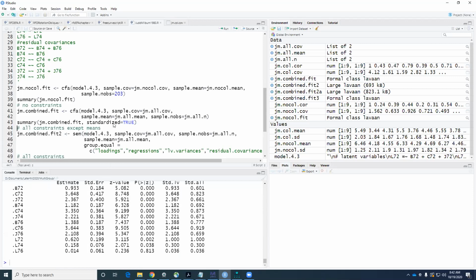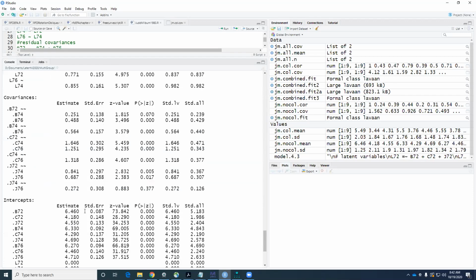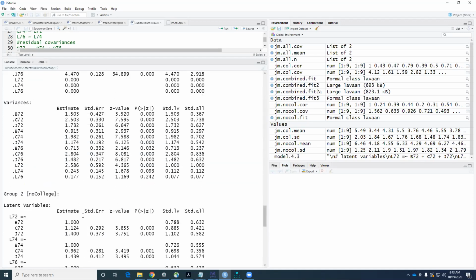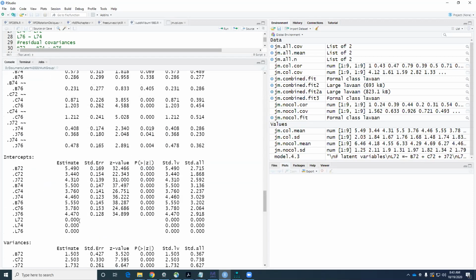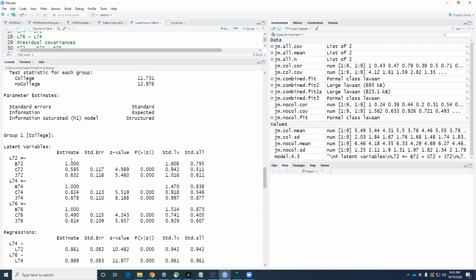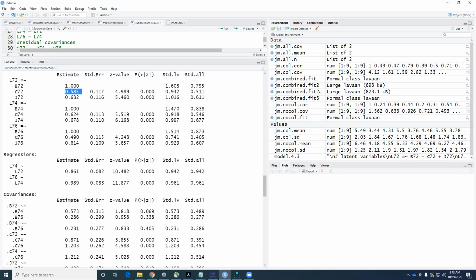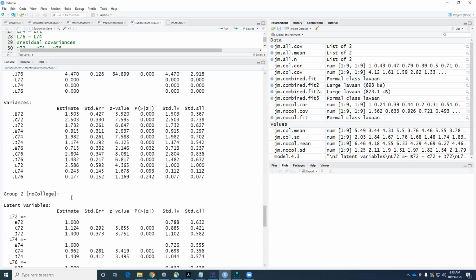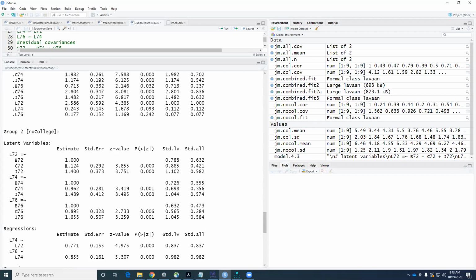And now, in somewhat of a distinction to before, I'll get all of the loadings out that I had before, and the loadings in group 1 are going to be different than in group 2. So for example, I have 585 in group 1, and downstairs in group 2, I've got 1.12 as we had before.